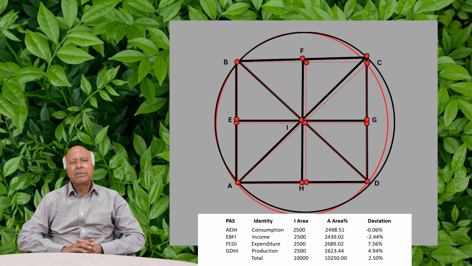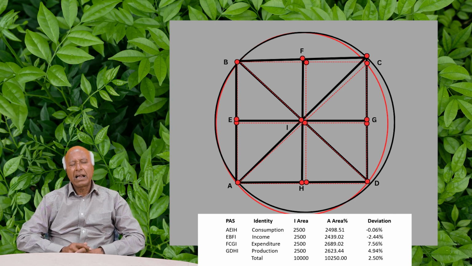And if we divide it by 4, we get 2,500 as the ideal shape, ideal area. If we divide it by 4, then 5,000 is what we get, that is the ideal area. If we divide it by 4, then 2,500 is once again the ideal area of each square of the economy.